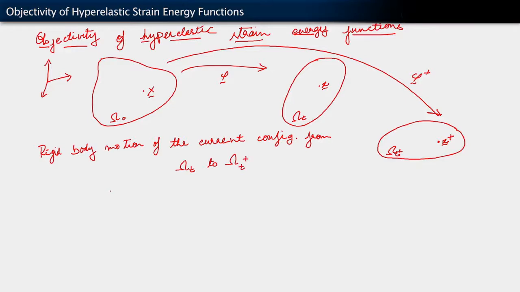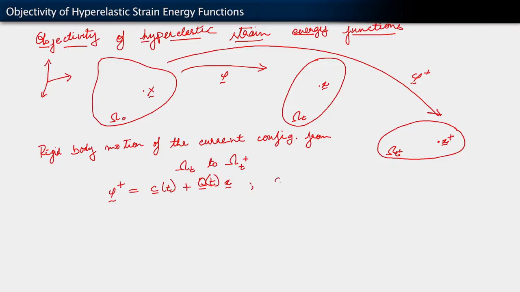And what we've seen is that we can then write phi plus as consisting of a translation vector, function of time, plus a rotation, which is written as the action of an orthogonal tensor on the spatial position.